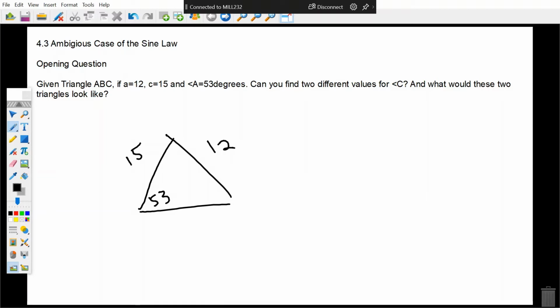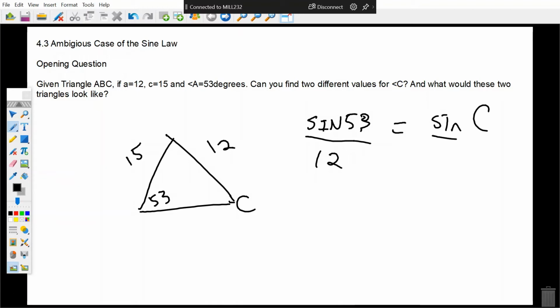If we were to set this up as a sine law, since we're trying to find angle C, I'd go sine 53 over 12 equals sine of C over 15.